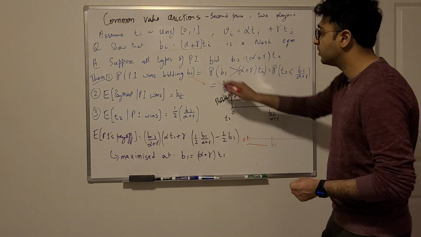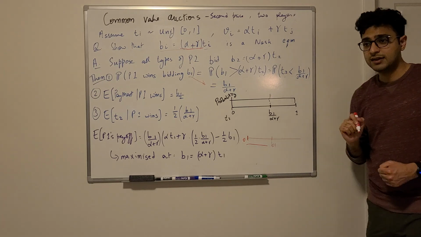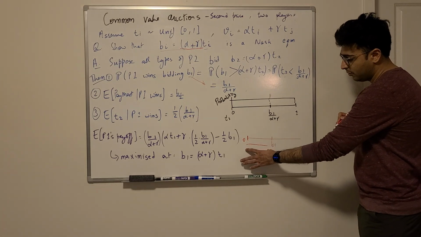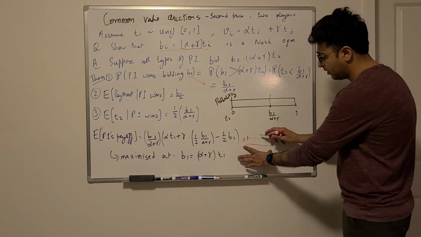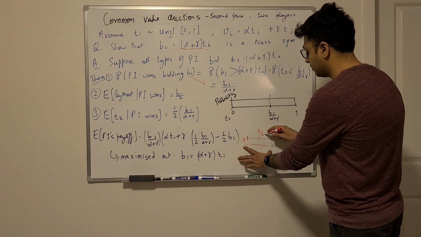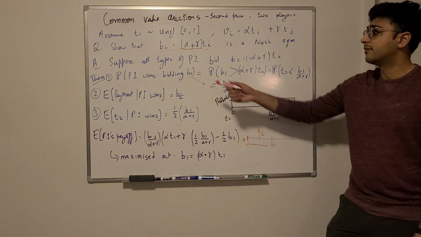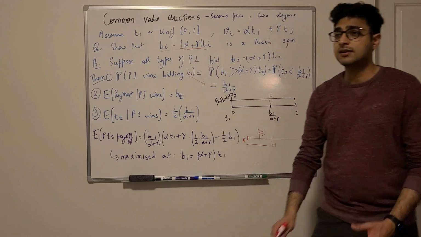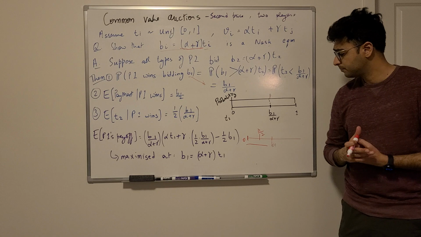And because B2 is following this distribution and T1 is uniformly distributed, the expected value of B2, given that it lies between these two values, will just be B1 divided by 2. We're heavily exploiting the fact that we know that T1 is drawn from a uniform distribution.